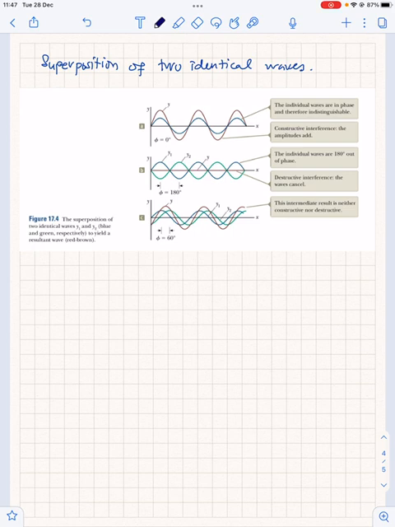And figure C is showing three waves, Y, Y1 and Y2. In this one, the intermediate result is neither constructive nor destructive.